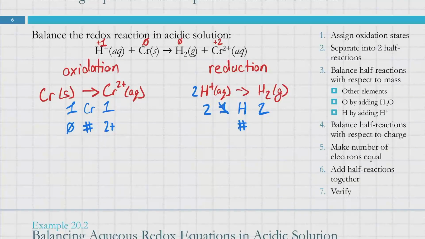How many electrons do we need, and where are we going to add them? We need 2 electrons. We need to add them to the right side. Because electrons are negatively charged, we're going to bring down the charge on the right side. So plus 2 e minus is adding 2 negative charge. So that neutralizes the 2+ charge.